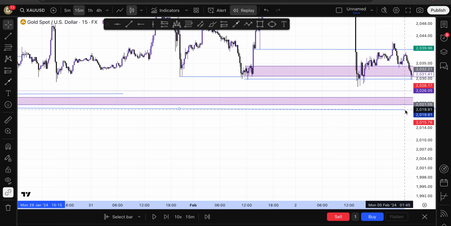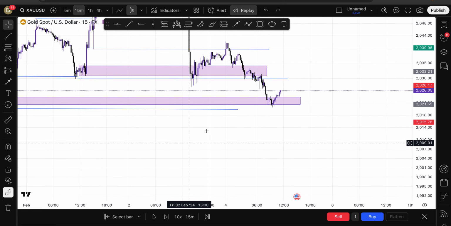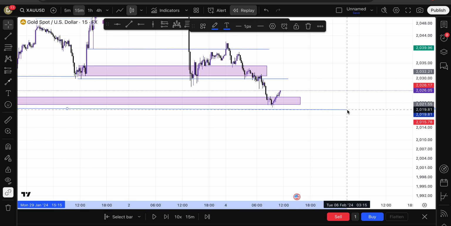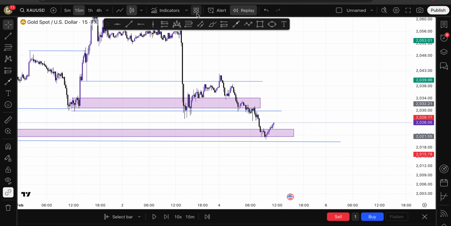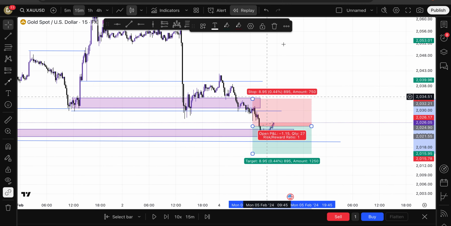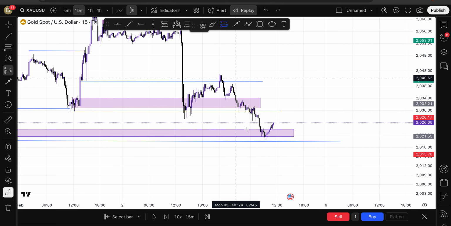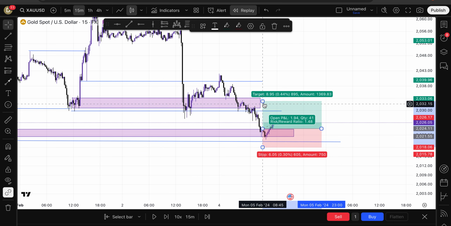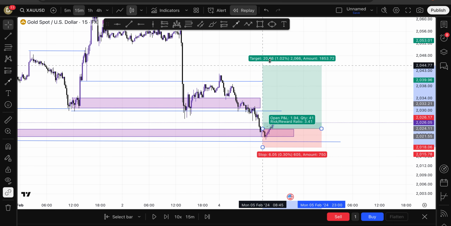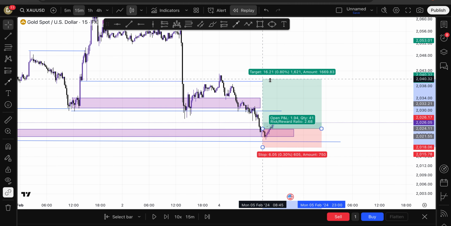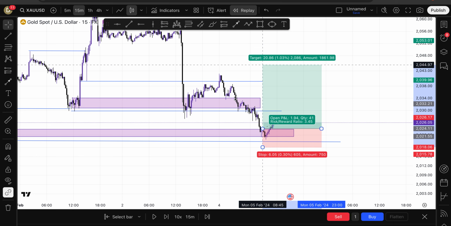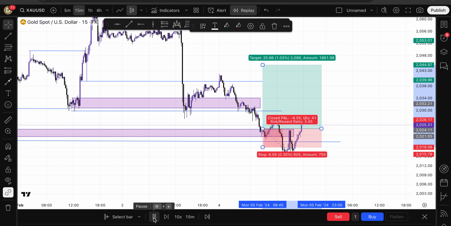Why does this market just go bangala bangala? So yeah. My confirmed setup. Whoa.